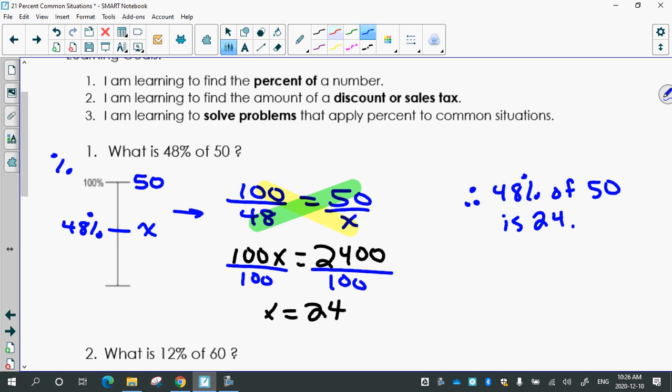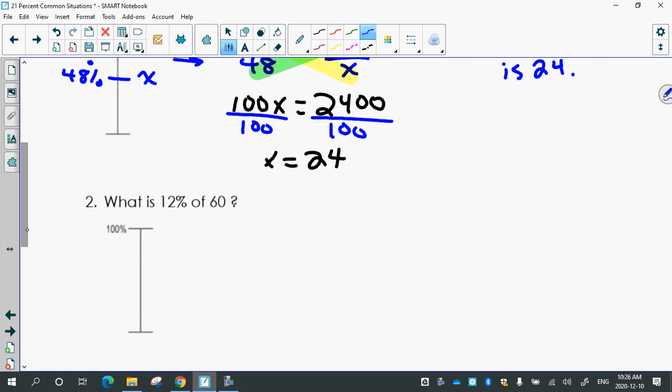All right, so based on this one, try the next one on your own. Find 12% of 60. So set up this, then set up your proportions and solve it. What is 12% of 60?